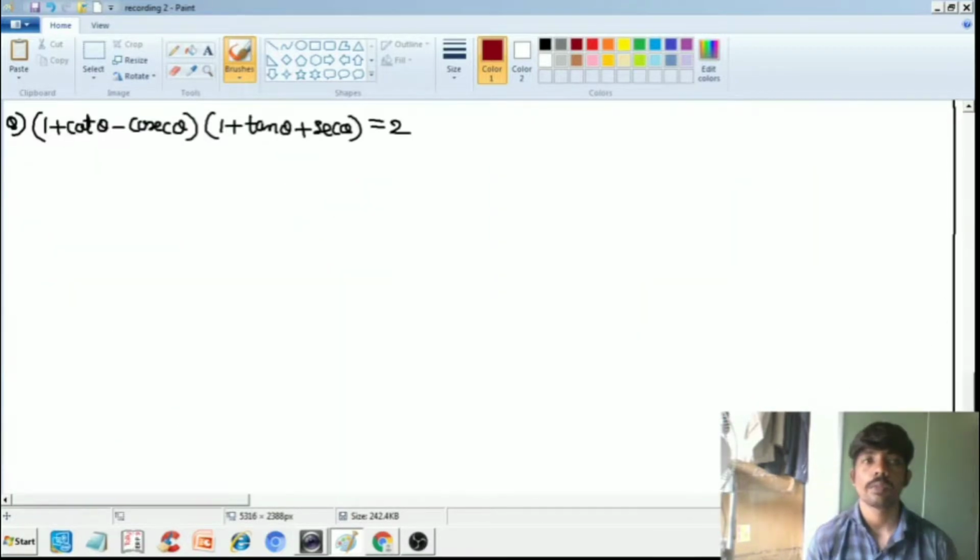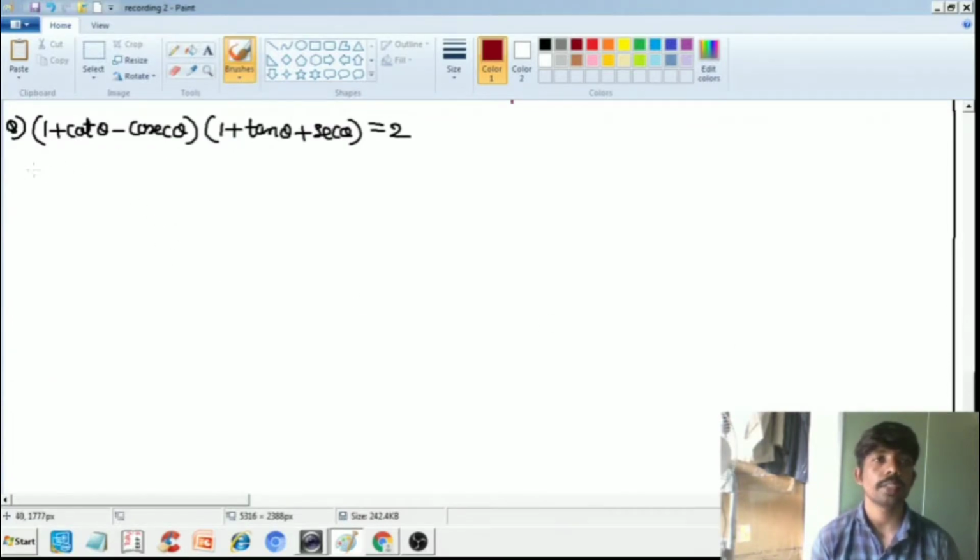Next, in the next problem, this is a question, try to prove LHS is equal to RHS. Now I am considering LHS, what we have: 1 plus cot theta minus cosecant theta into 1 plus tan theta plus secant theta.